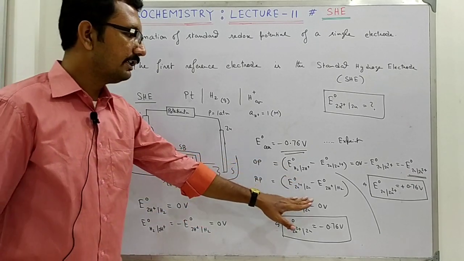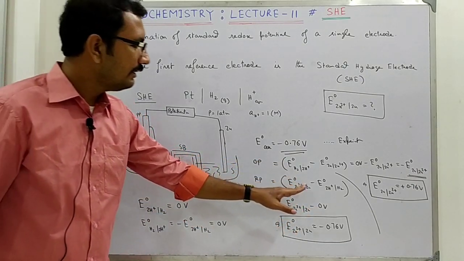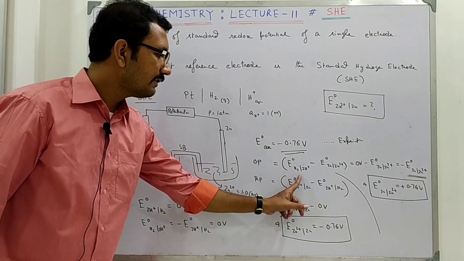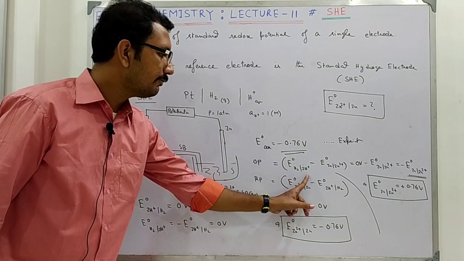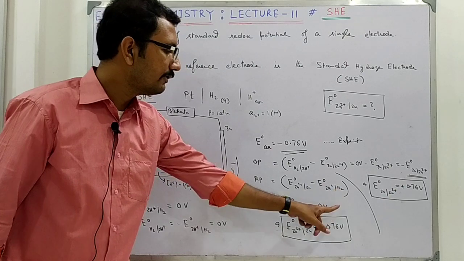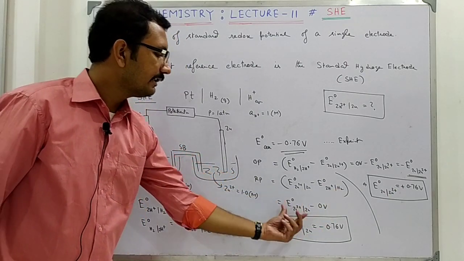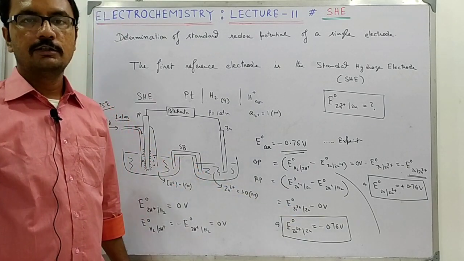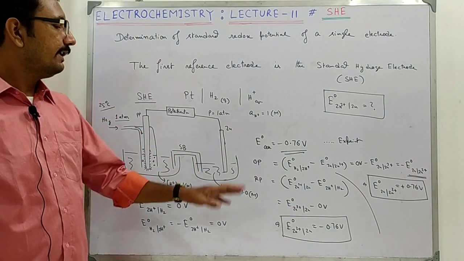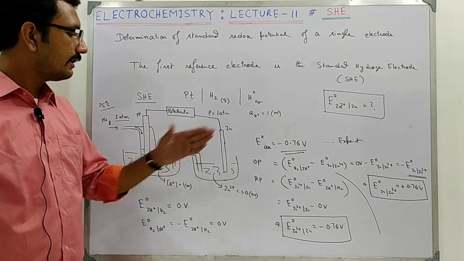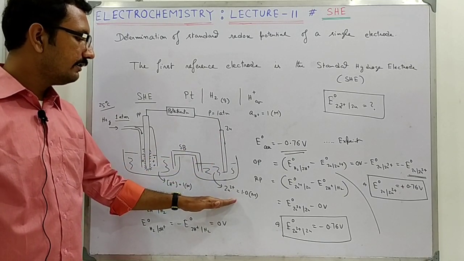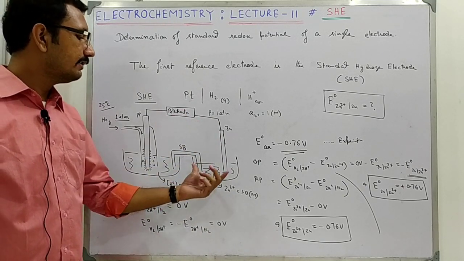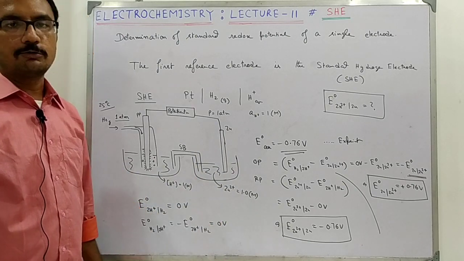So, maintain the formalities, and when you put the convention, that is E0 H2 2H plus or E0 2H plus H2 equals 0, you can get the value of this electrode potential for this half cell. So, in this way you replace this half cell by another half cell, maintain the standard state and take the reading, and you will get the standard electrode potential.